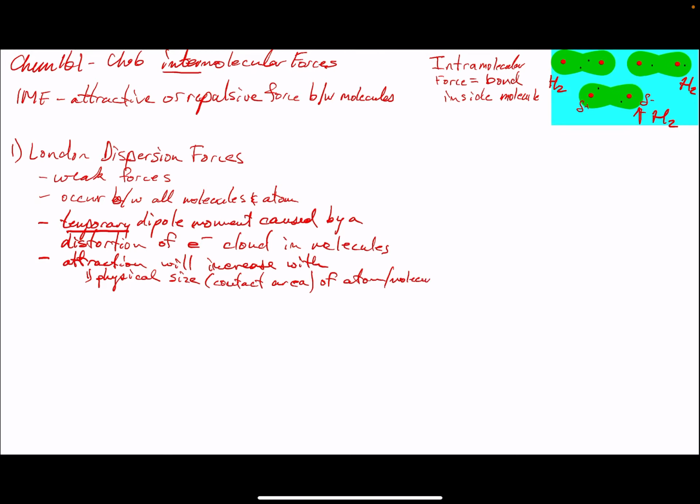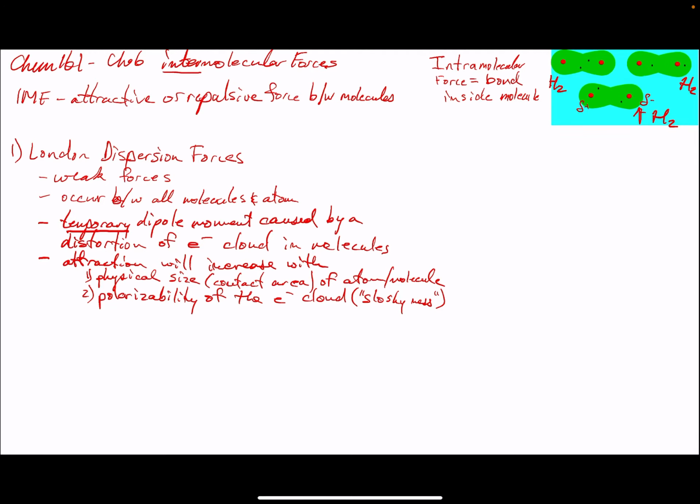And two, we'll see that this can also increase with polarizability of that electron cloud. Okay, a way to think about this might be the sloshiness, how easily shifted that electron cloud might be from one side of the molecule to another. Okay, so we call that polarizability.